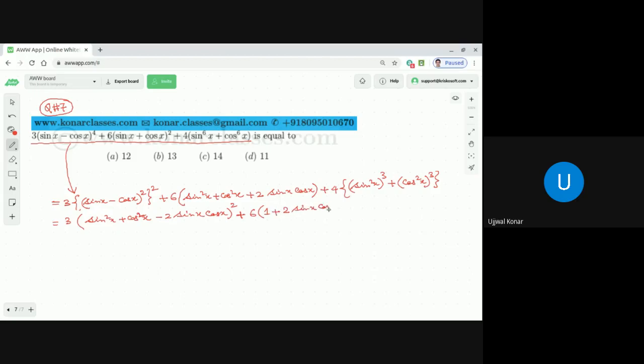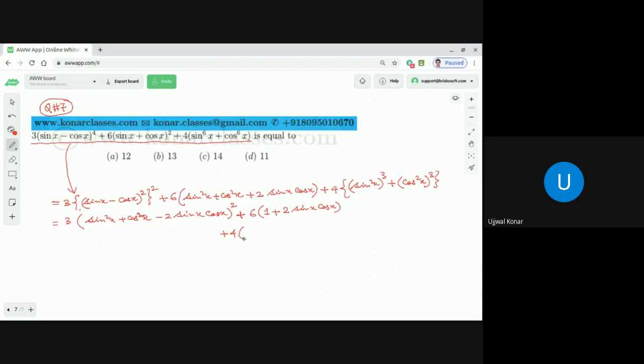6 into 1 plus 2 sin x cos x, and plus 4 into, dear students, if you look, a cube plus b cube, that means a plus b into a square minus ab plus b square. Correct or not?